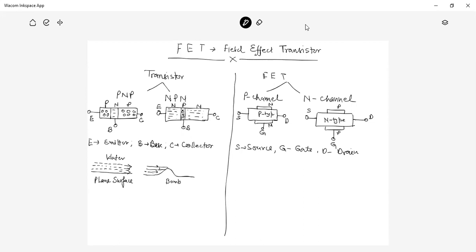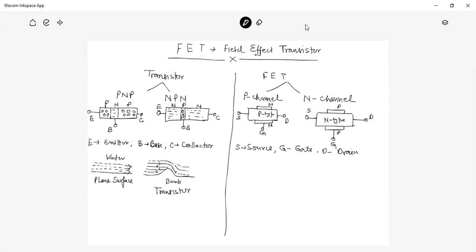But if the water level increases, then the water starts flowing in this way. So it is a transistor.